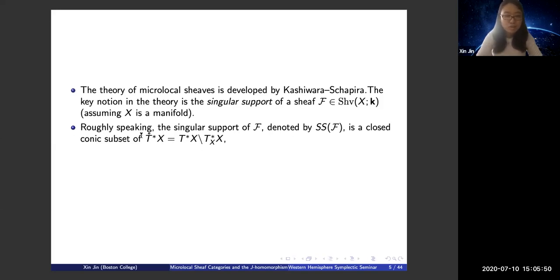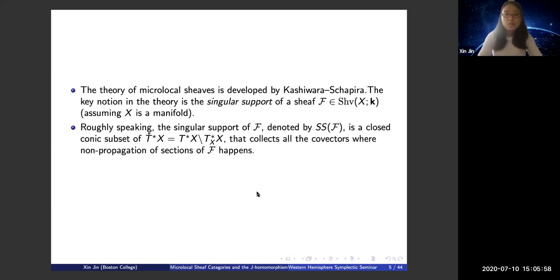Here, I choose the convention that I delete the zero section, so I only consider the complement of the zero section. Roughly speaking, this set collects all the covectors where non-propagation of sections of F occurs. That means you see some jump of sections when you move in the co-directions inside this closed set.